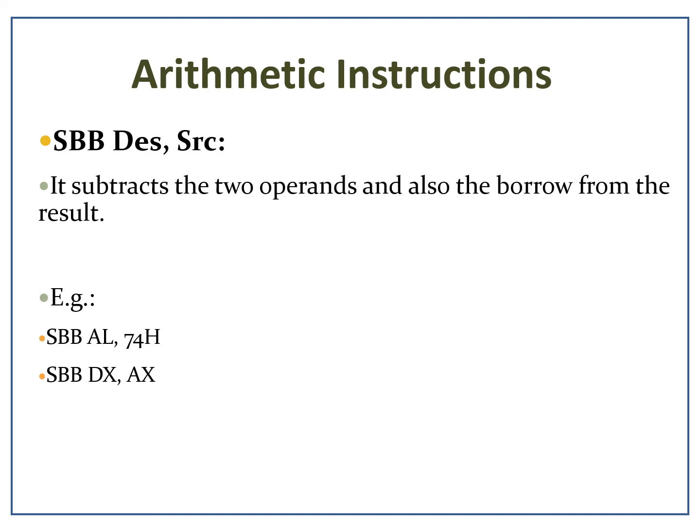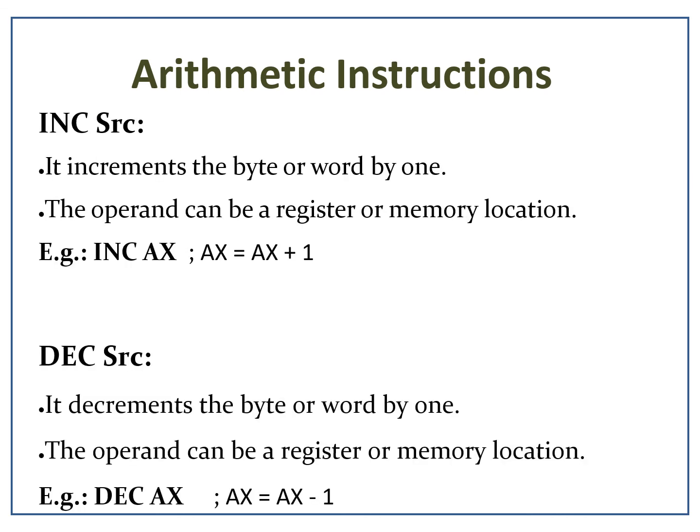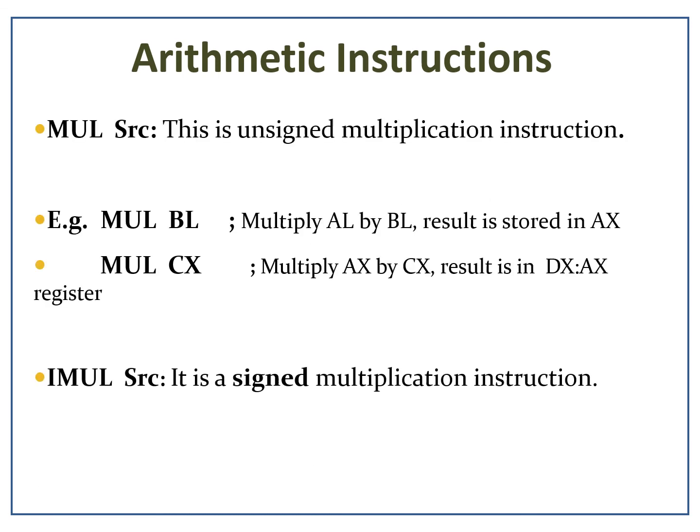Next is SBB. It subtracts the two operands and also the borrow from the result. Next arithmetic instructions are INC source and DEC source. So you can increment and decrement the source by using these.